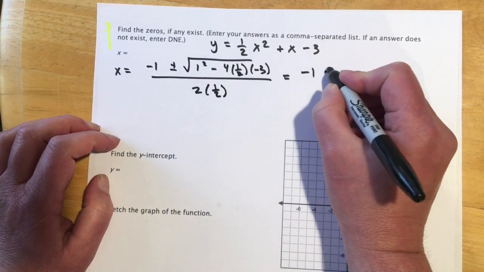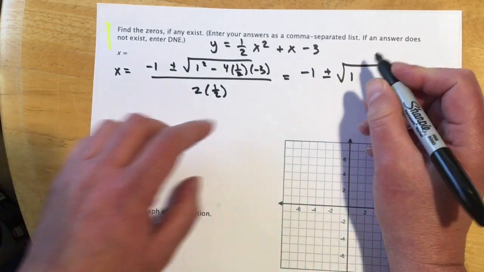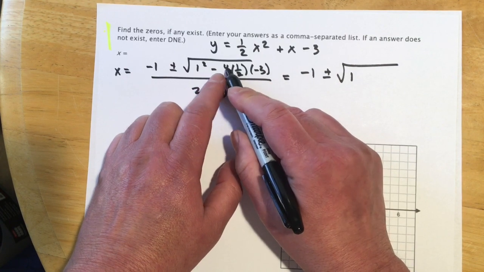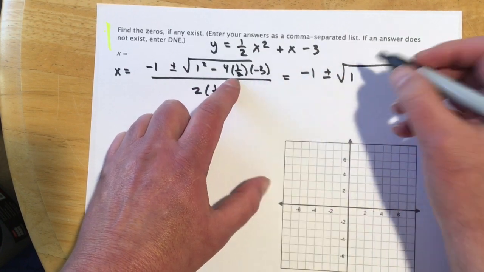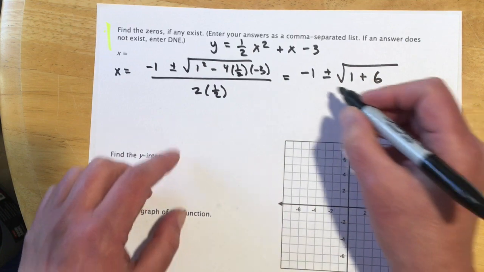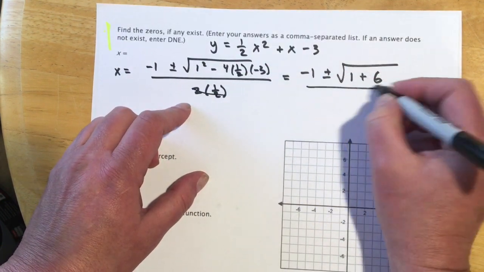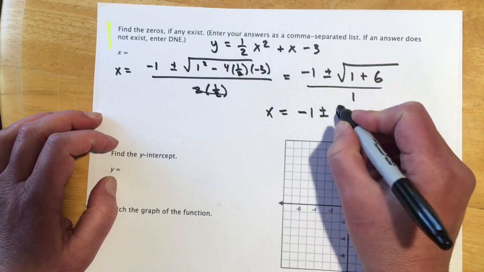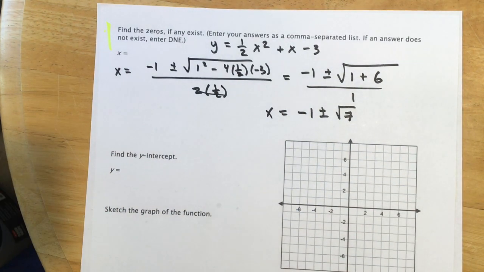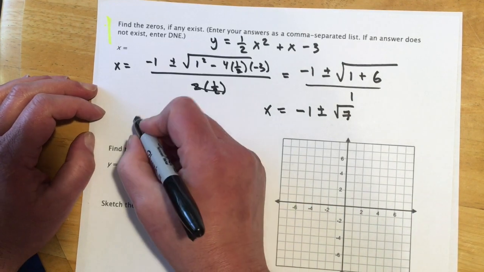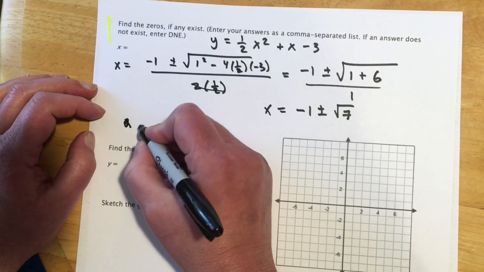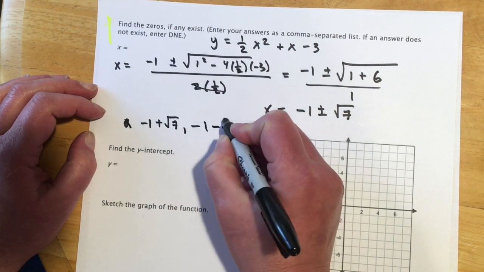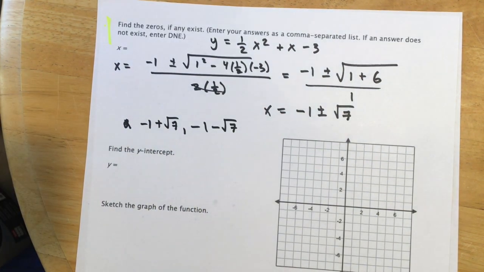So that would be negative 1 plus or minus the square root of 1, and then this would be negative and negative, so positive. So that's 12 over 2, which would be 6. And then here the 2's cancel, so it's just over 1. So x equals negative 1 plus or minus root 7. So if we're entering that as a comma-separated list, the first one would be negative 1 plus root 7, and then negative 1 minus root 7.